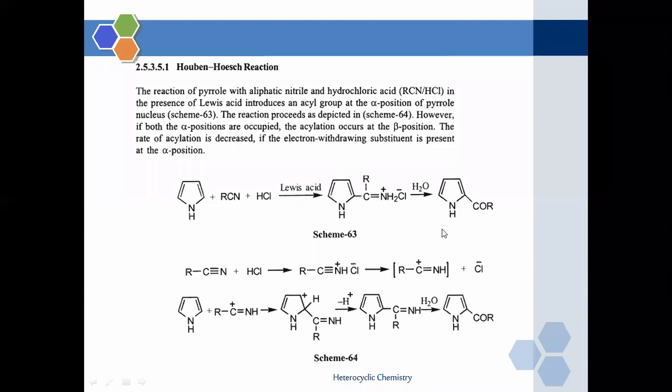So the result of this particular reaction is acylation at the carbon number 2 position, and this acylation with the help of aliphatic nitrile and hydrochloric acid is known as the Hoesch reaction. So this acylation will happen at the carbon number 2 position. The reaction proceeds as depicted in this mechanism.